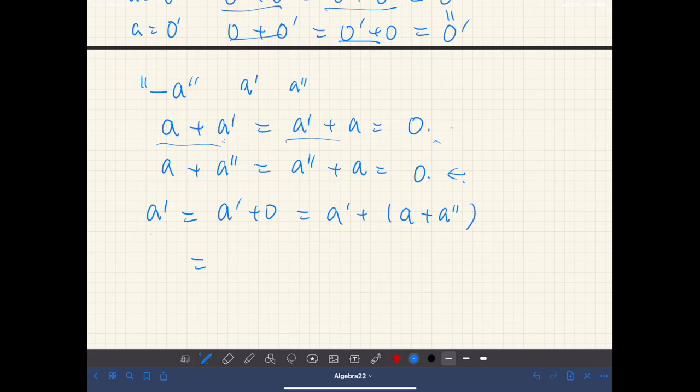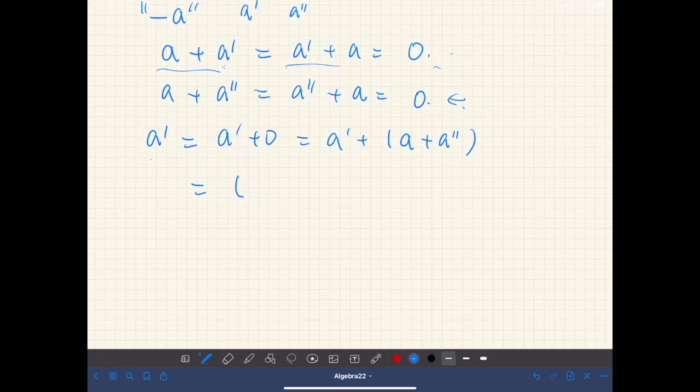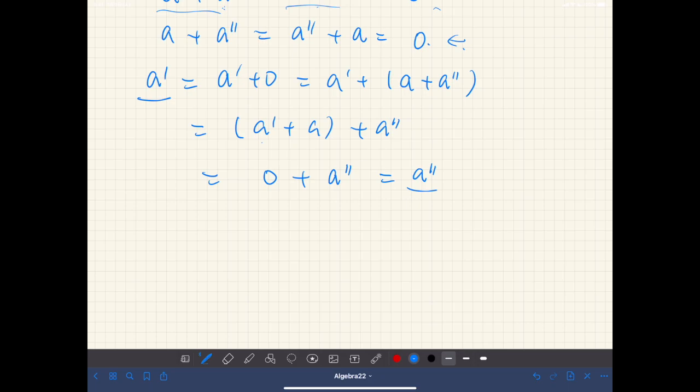By associativity, we can shift these parentheses, so A prime plus A, and plus A double prime. But since A prime is an inverse of A, the result is 0 plus A double prime. Adding 0 to A double prime doesn't change A double prime. So after all, we have A prime equal to A double prime. Therefore, the additive inverse of A is unique.